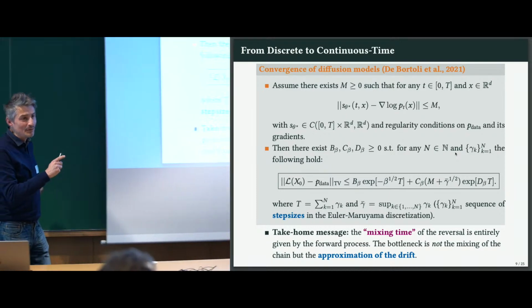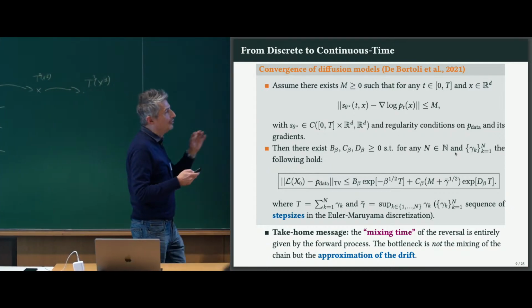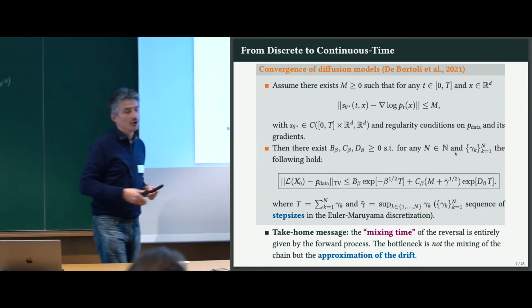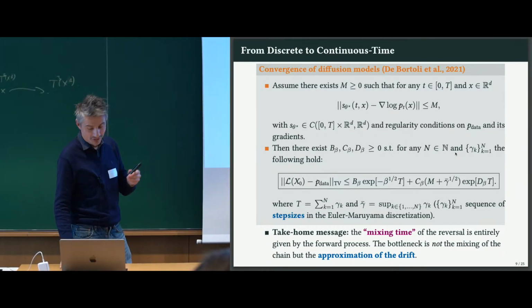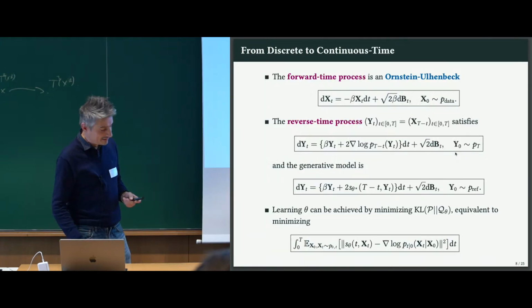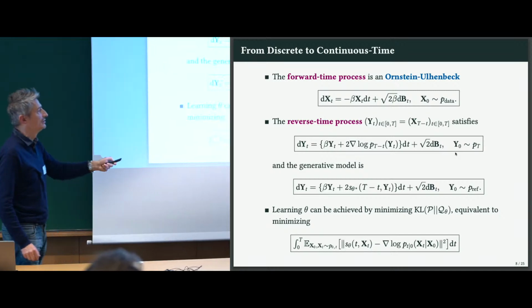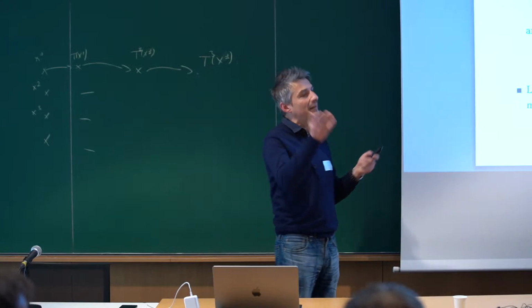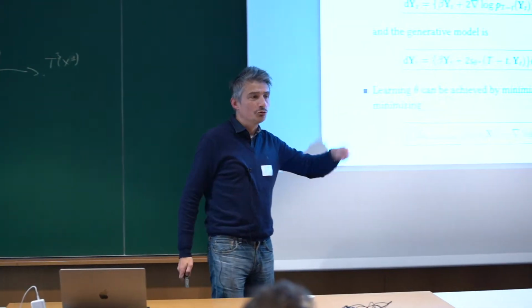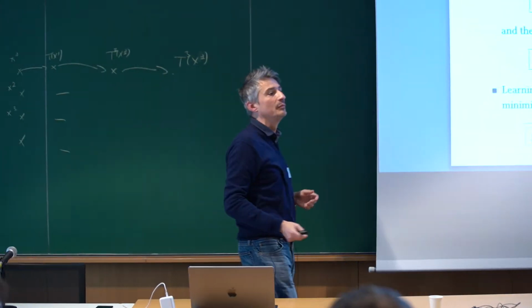But there's something I should emphasize, which is quite nice. When you run those algorithms, we had a lot of questions at the beginning when we started working on that. You run practically some kind of time discretized version of this diffusion: you pick a Gaussian sample, you run it, and you get very diverse images.